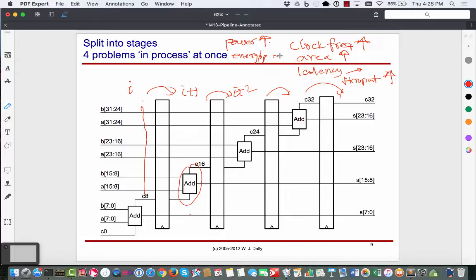What kind of things can cause the pipeline throughput to be not what we think it should be? If different stages take unequal time, in this case all the stages are identical, so they take the same time. But taking that analogy, one of the stages could take more time, and that becomes the bottleneck. So other stages will lie idle. Okay, so that's one. What else?